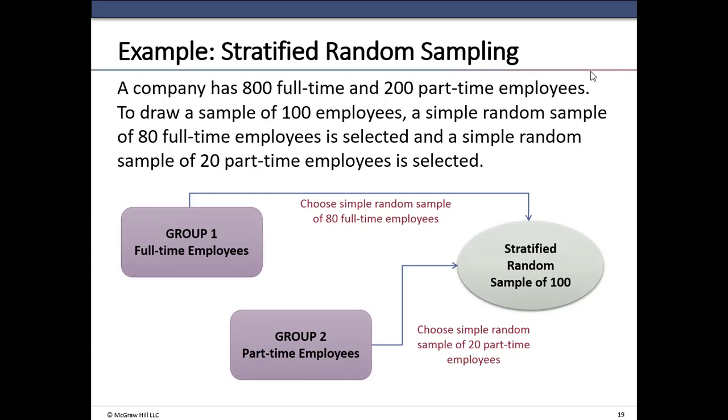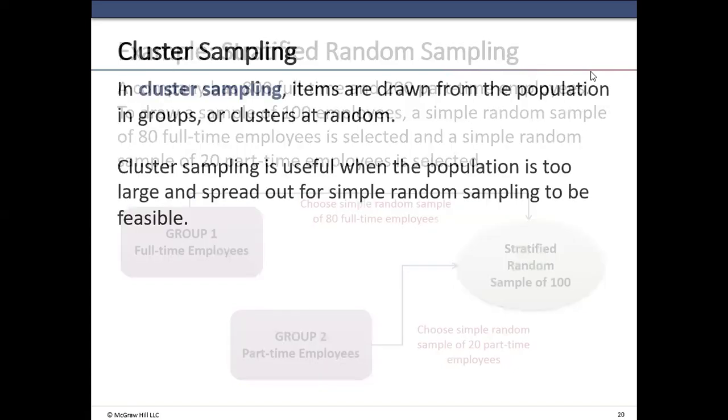So the employees were divided into two strata: full-time and part-time. We selected 80 full-time and 20 part-time employees to make up the stratified random sample of 100. The strata are the groups of employees based on whether they are full-time or part-time.